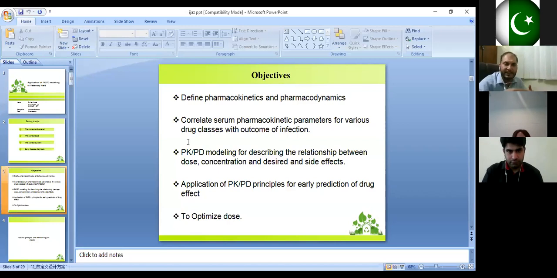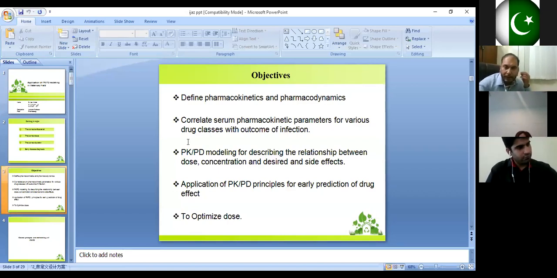Like in the previous slide, I told that we should take care about the dose, whether we are using the correct dose or not, the correct concentration, and also what will be the effect. If suppose we are using more concentration, what will be the effect and what will be the side effect.